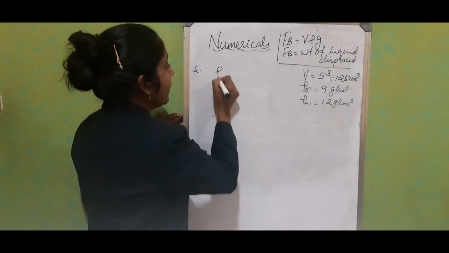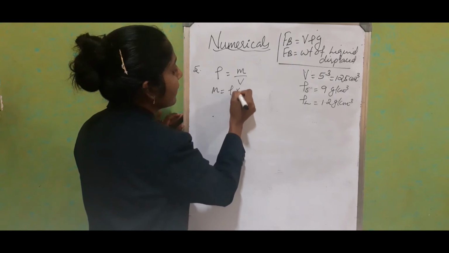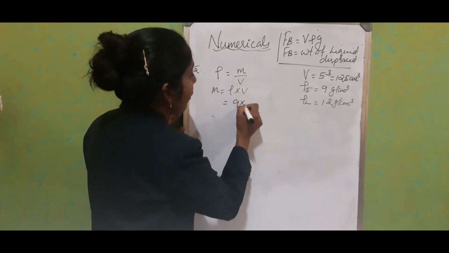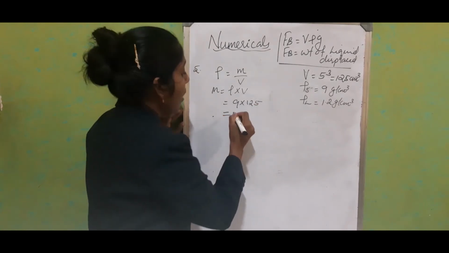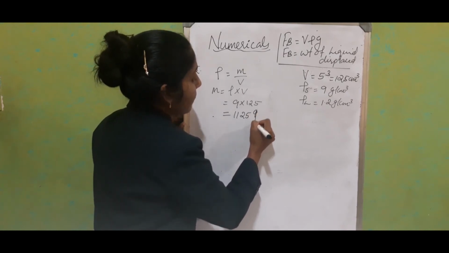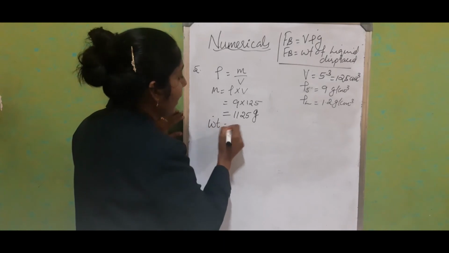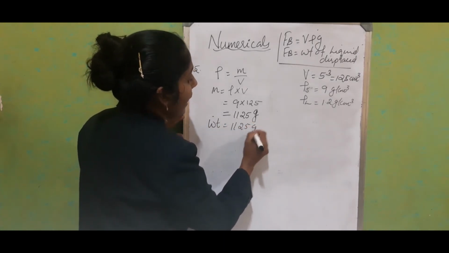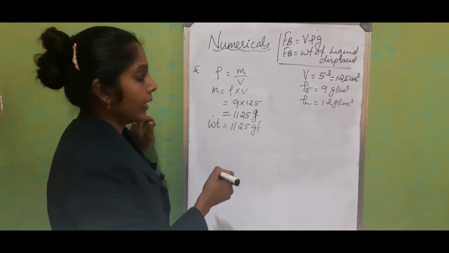You know the equation density is equal to mass by volume, so mass is equal to density into V. So 9 into 125 gives 1125 gram. If we convert it into weight, we can write it as 1125 gram force, which is acting in the downward direction.